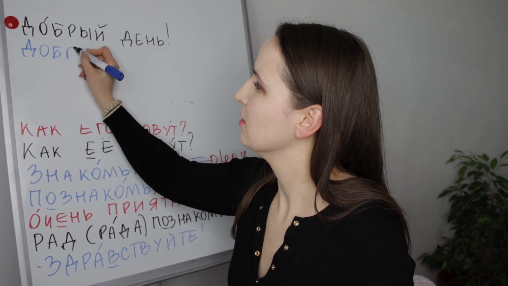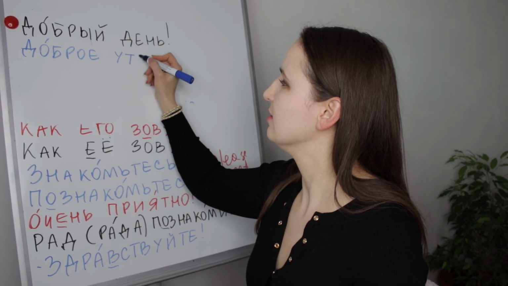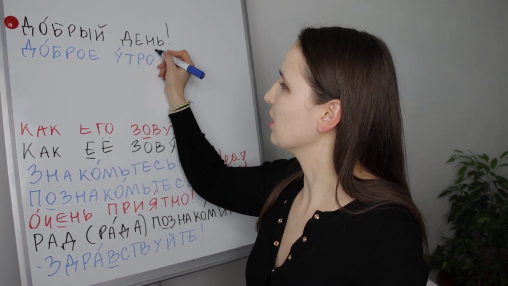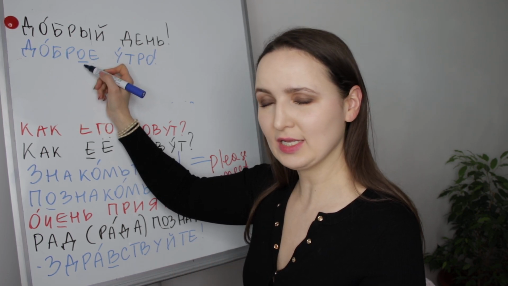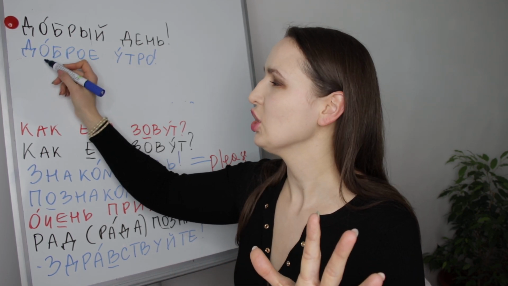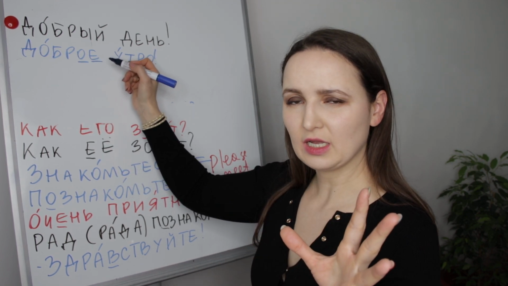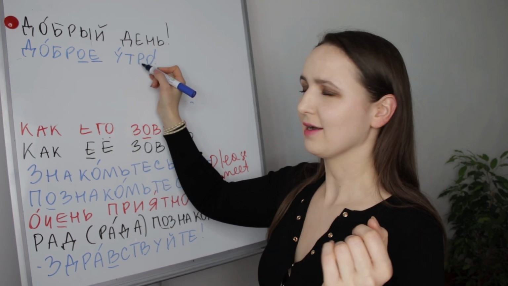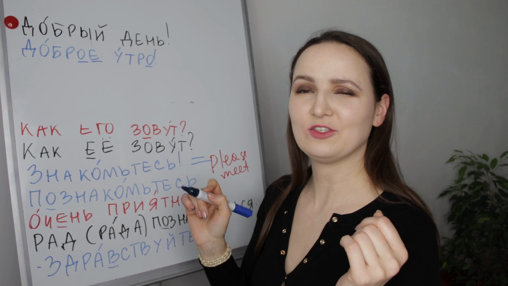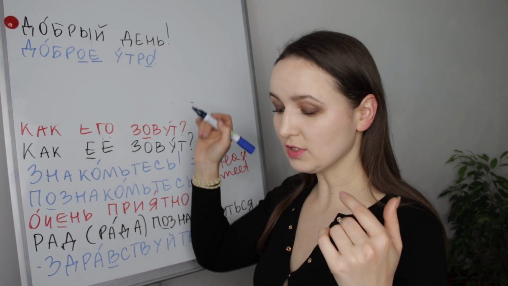Доброе утро. Доброе, not stressed, pronounce it as a. Доброе, E is not stressed as well. Доброе утро. O is not stressed. We will pronounce it as a. Доброе утро. Good morning.